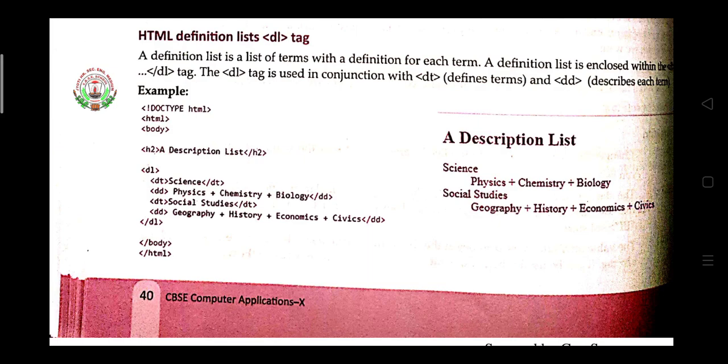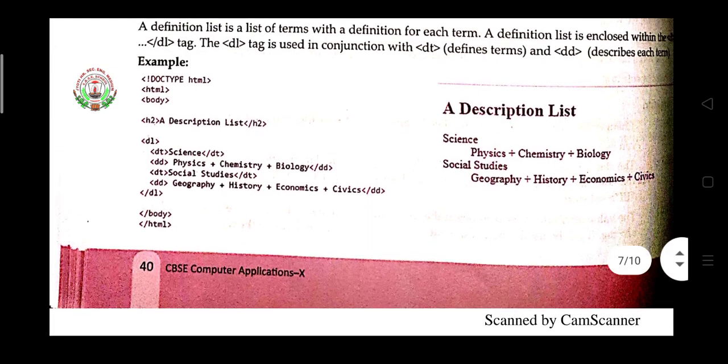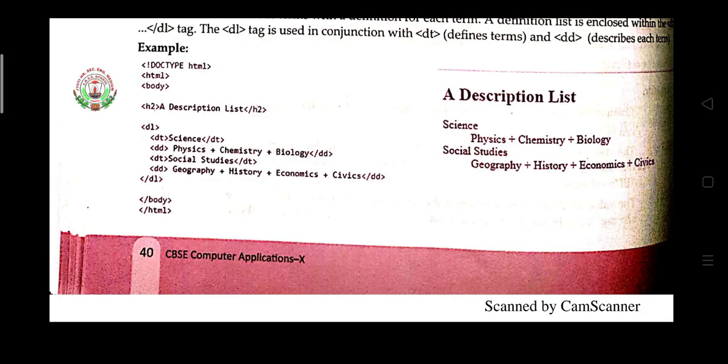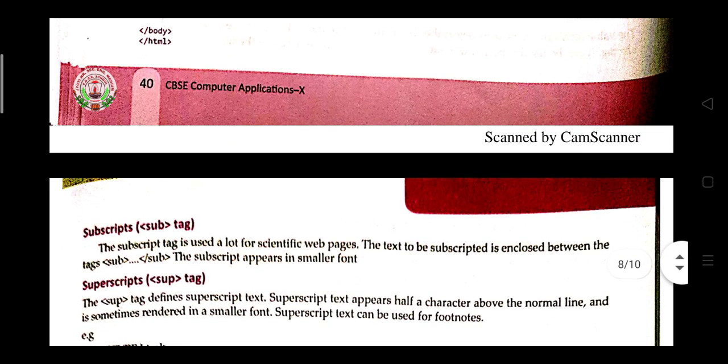DT means define term, which topic you want to define, and DD means that topic's description. Suppose it is written here DT science, so you are describing science, then under it the DD tag is used, and under the DD tag you can give the description of your definition. Like this we have to write the code of a description list.